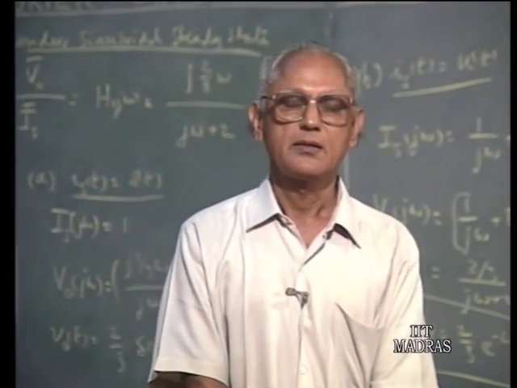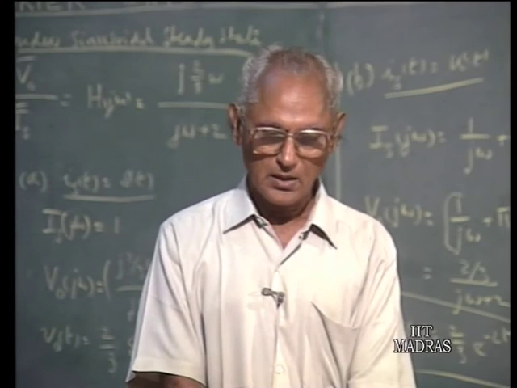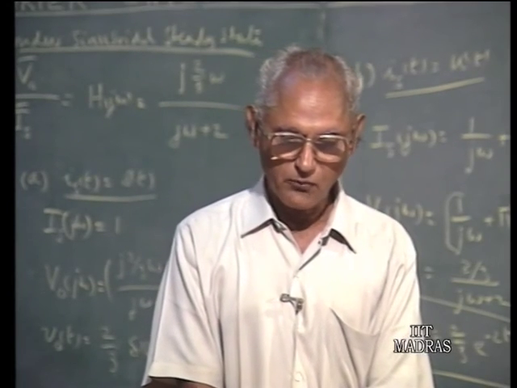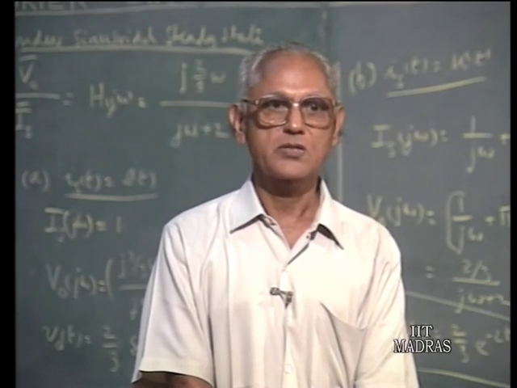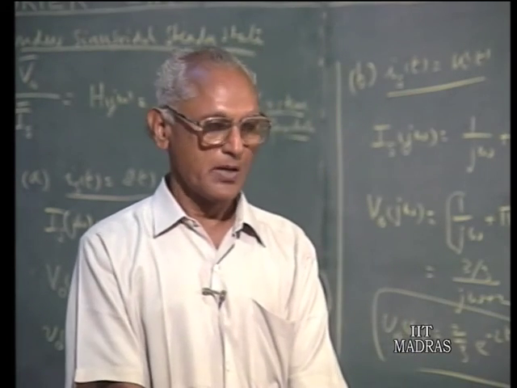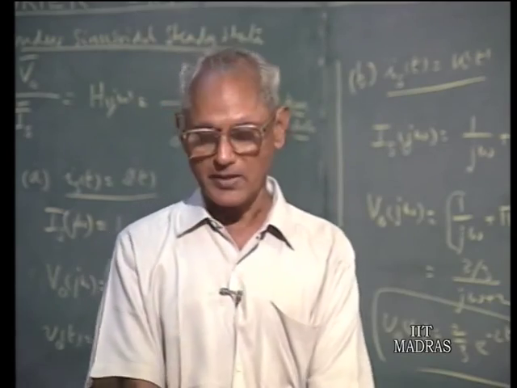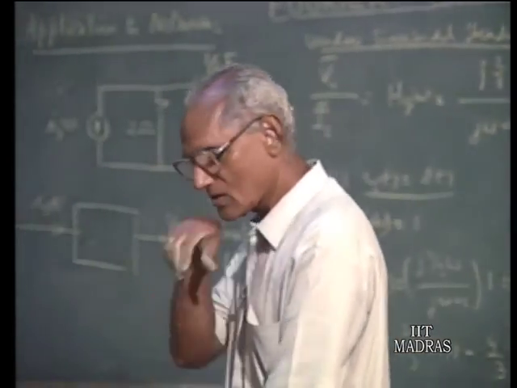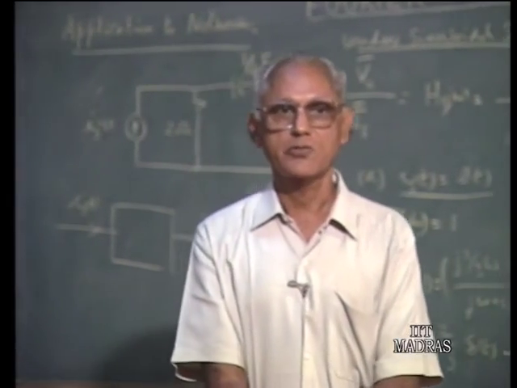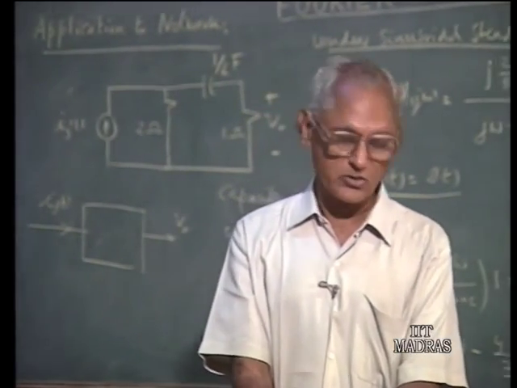And I mentioned that even though this is the ratio of the forced response, the Fourier transform of the forced response to the Fourier transform of the input, in many cases which are of common interest where the natural response decays with time, this also gives us the total solution.